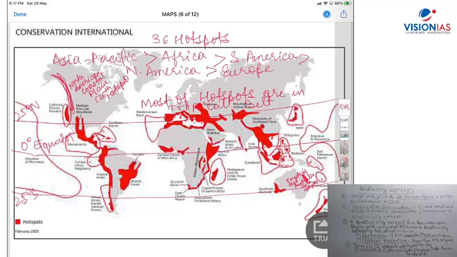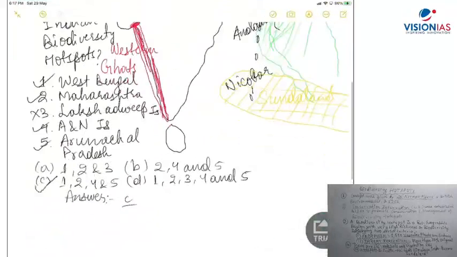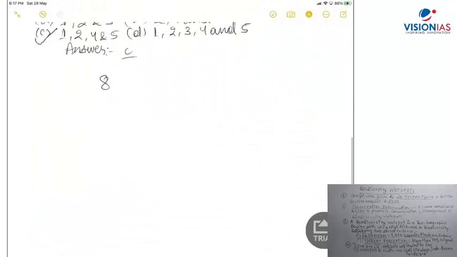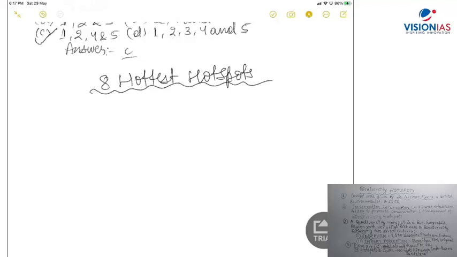Now there are eight hottest hotspots which come into that. 8 hottest hotspots are there. What I'll do here, I'll write them down, the 8 hottest hotspots. They are known for more endemism. There the endemism is very high, and also there is more threat.